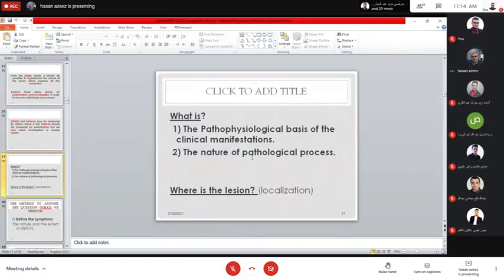One year ago, many colleagues asked me why those patients fall abruptly in the street, especially in China at that time. Nobody knew what happened. Most of the physicians thought that it may be neurological.